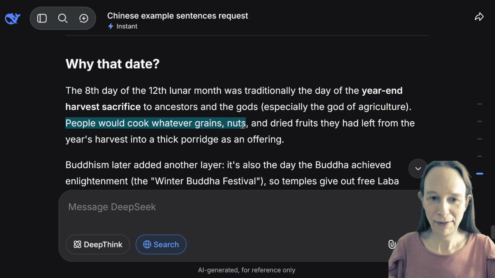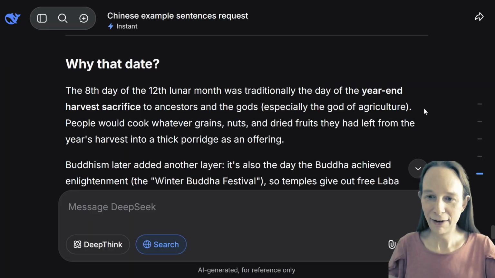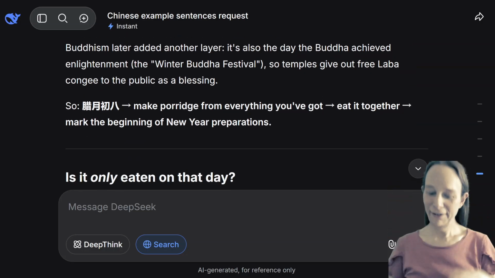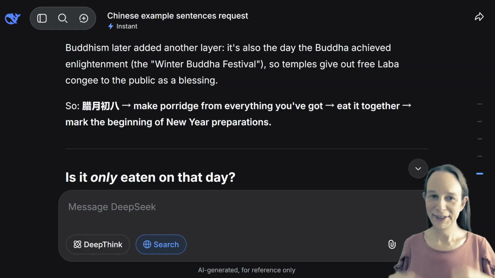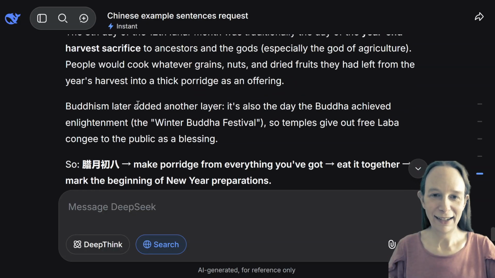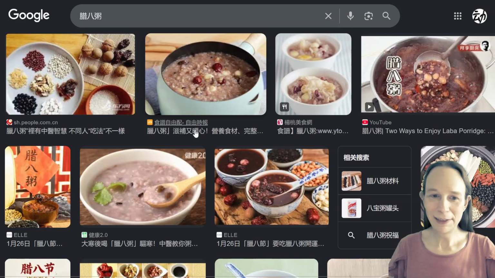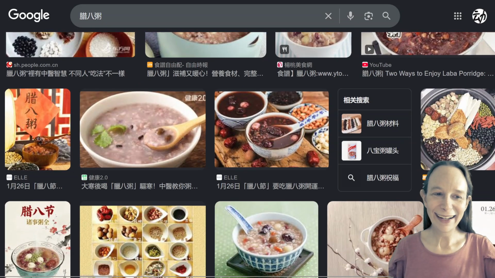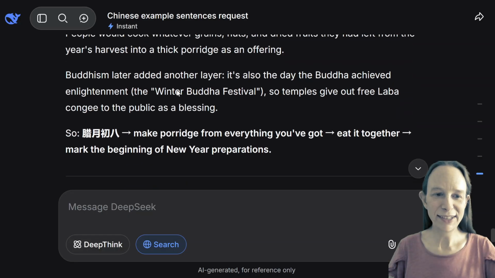People will cook whatever grains. Oh, okay. So it's a form of sacrifice, is it? Harvest sacrifice. So you're not sacrificing in the sense of wasting food. You're just like, all right, well, end of the year, let's use up all these grains, put them into a porridge. All right, I guess that kind of makes sense. Why this precise date?